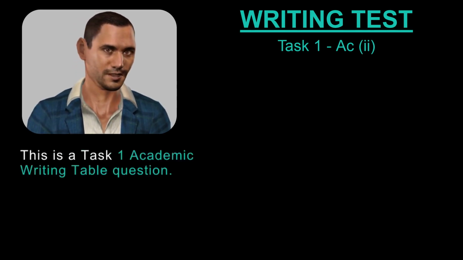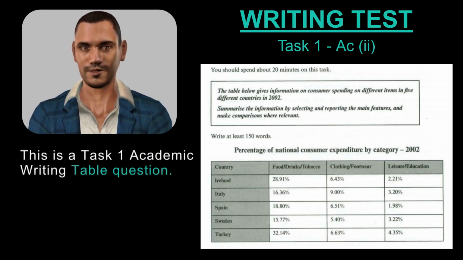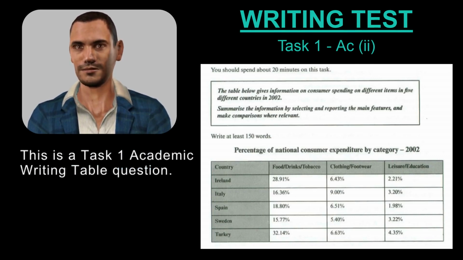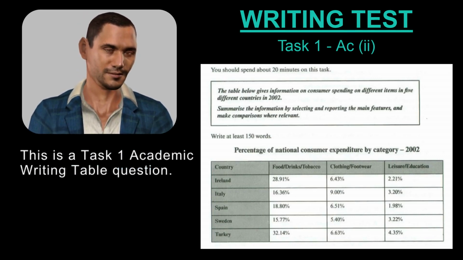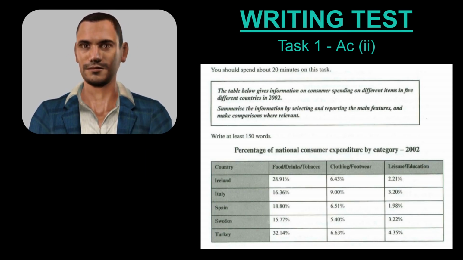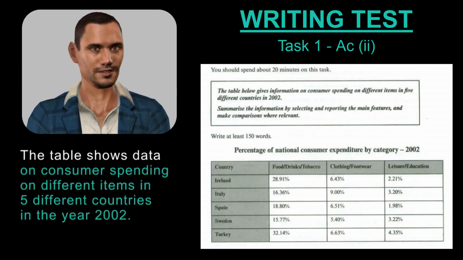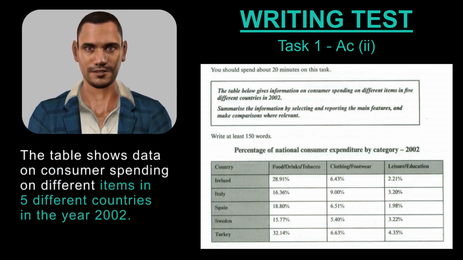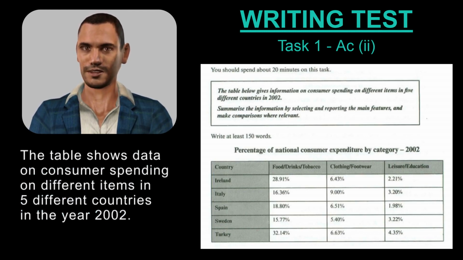This is a Task 1 academic writing table question. The table shows data on consumer spending on different items in 5 different countries in the year 2002.